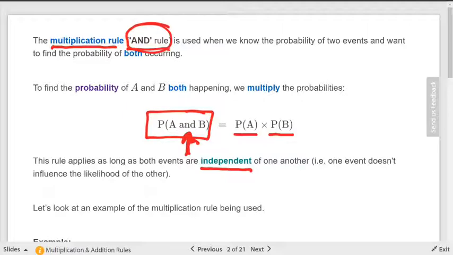Does what happens when I flip the coin affect what happens when I roll a die? No way. Those are independent events. Okay? Some of them are very easy to determine. Some are a little less easy to determine. So we need a way to do it, and we'll learn that in a minute.